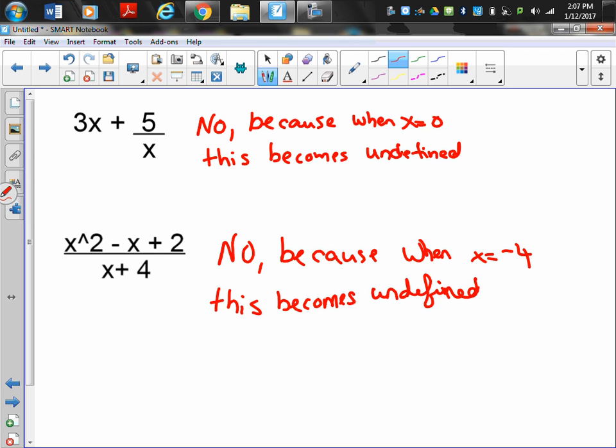So you have to look at the denominators. Is there any number that I can put in for my x that would cause that equation to become undefined? All right. So that's just a quick reteach of how to identify polynomials.